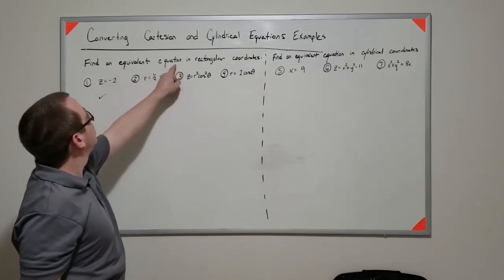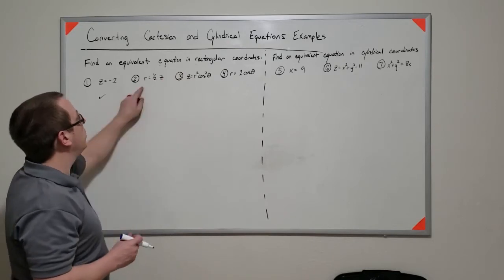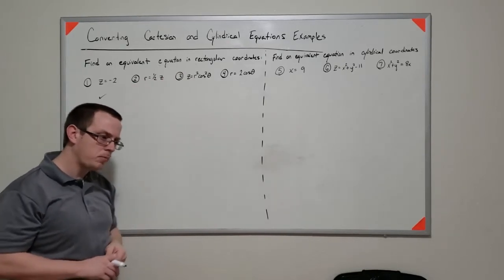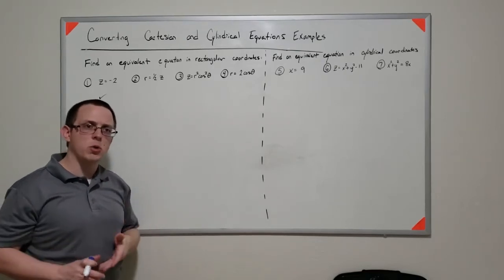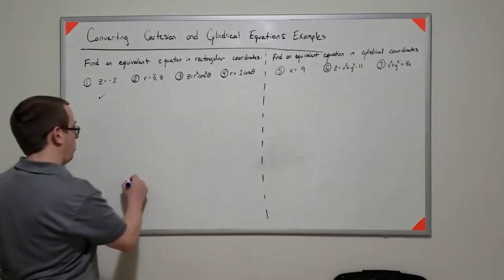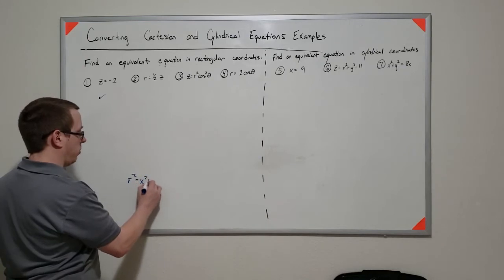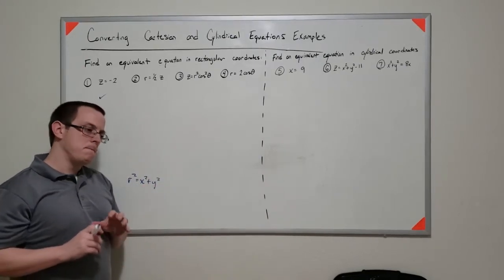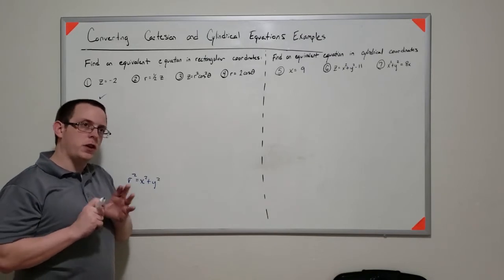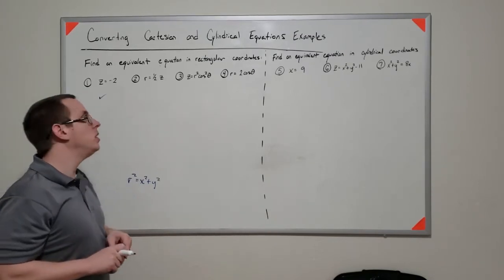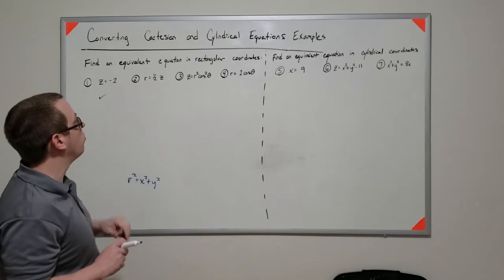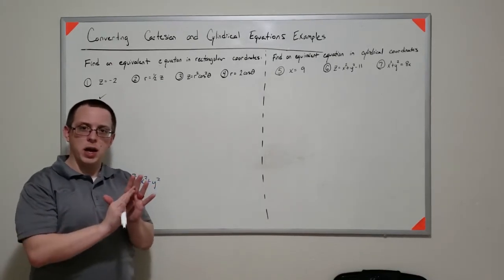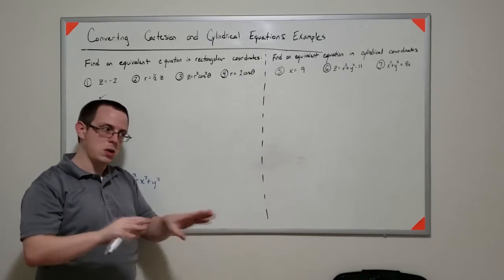However, let's go to this second one. If r equals 1/2 z. Well, we know that r squared equals x squared plus y squared. So we can fudge it a little bit, and we can say, all right, if I know r equals 1/2 z, we determined that was already a circular cone.